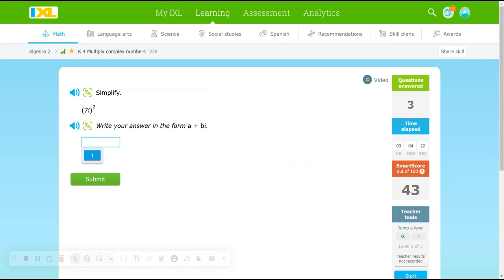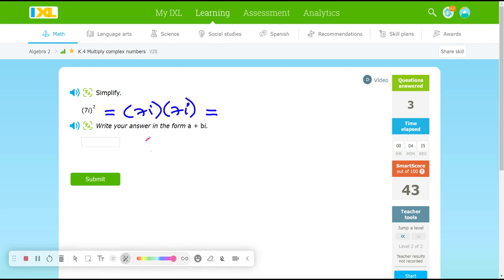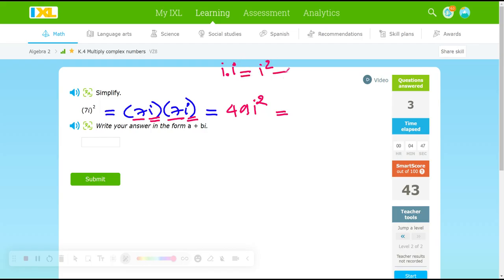K5, please. Okay, so now let's do a couple of these and we're done. You have 7i squared. It means 7i times 7i. Okay? 7 times 7, that's a 49. And then i times i, that's an i squared. But when you see i squared, you substitute it by -1.